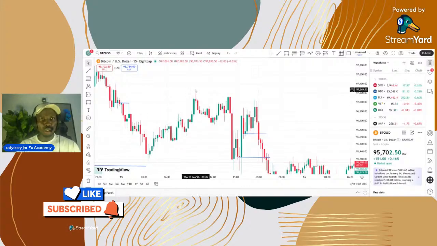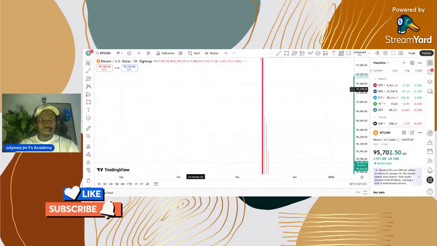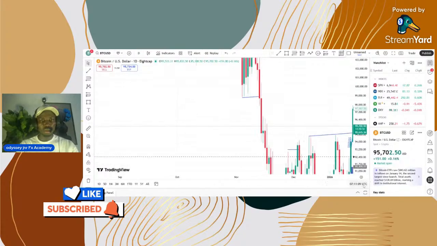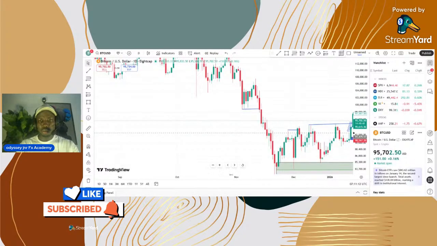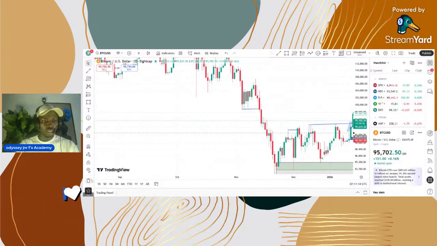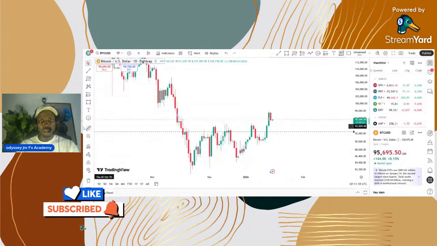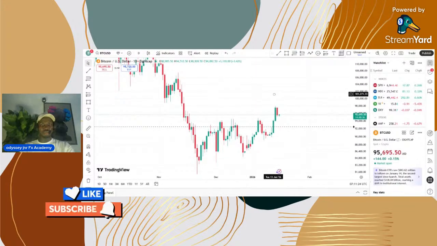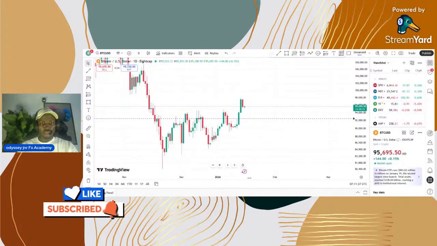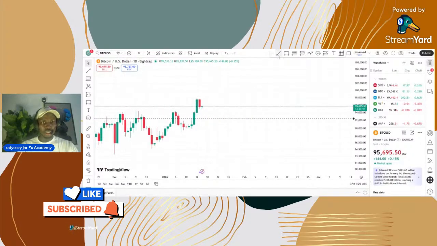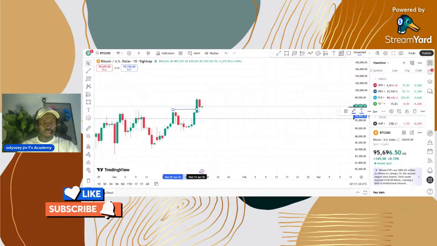Okay, so what we are going to be doing here, we'll be going to the daily time frame. Let's clean up the chart. In the daily time frame, you can see we are very bullish.